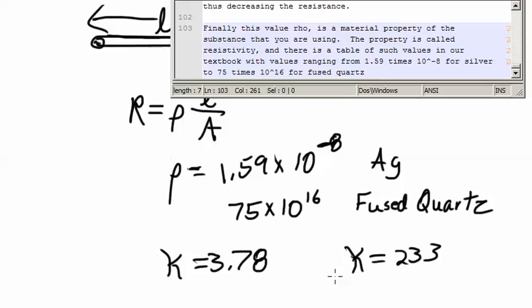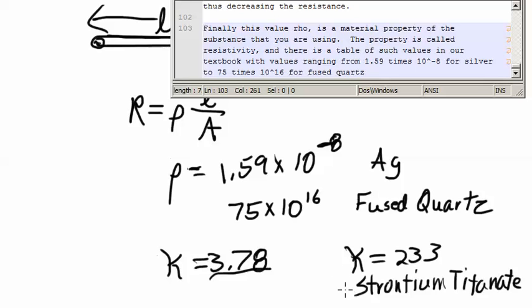But most of the other dielectrics listed in that table have dielectric constants of around 4, 5, 6, or something like that. So strontium titanate must be a magical dielectric, but fused quartz has rho equals 75 times 10 to the 16.